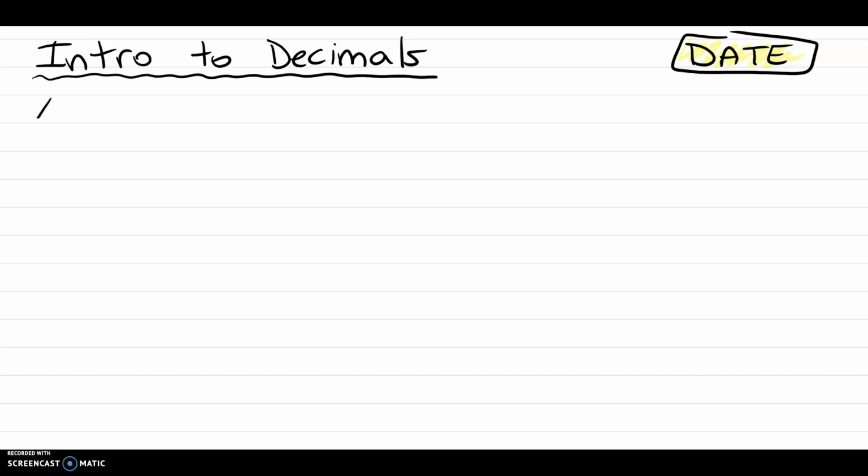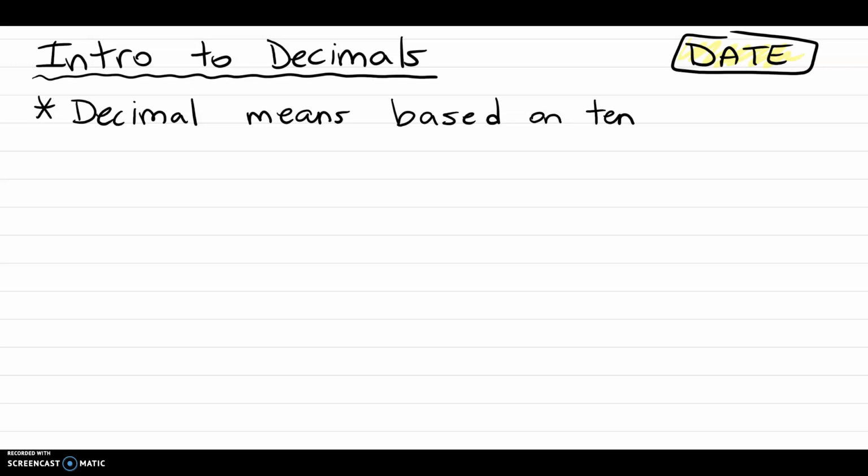So first off, let's just define what that word decimal means. Decimal is actually a Latin word, and it means to be based on 10. The word DEC is a root for 10, so think of decade.